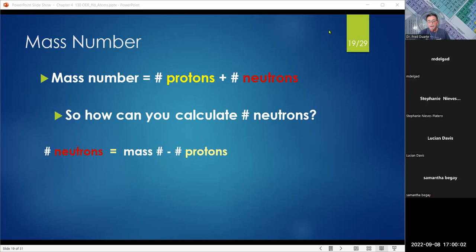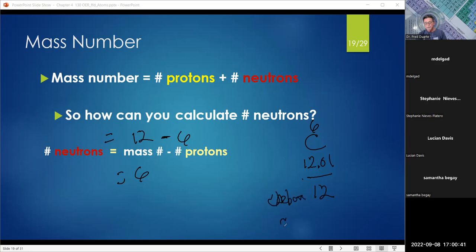And so going back to carbon as an example, the mass number is 12. You take the atomic weight and round it up to the nearest number. The number of protons is simply its number, 6 there. So guess what? The number of neutrons is 12 minus 6. So we have 6 neutrons for carbon 12.